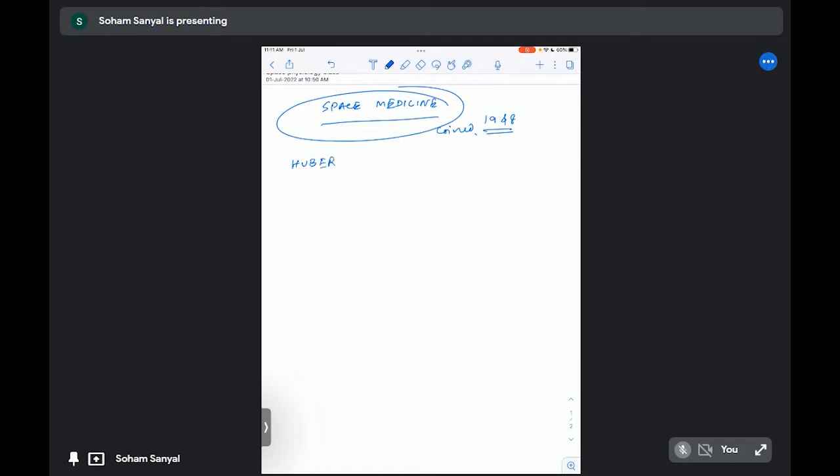So Hubertus Strughold. So he was a German physician and physiologist, and even after being a German, he actually came to US during World War II. So এগুলো just মজা লাগবে শুনতে, সেই জন্য initial few minutes I will be discussing.